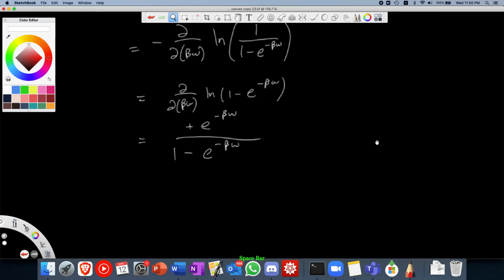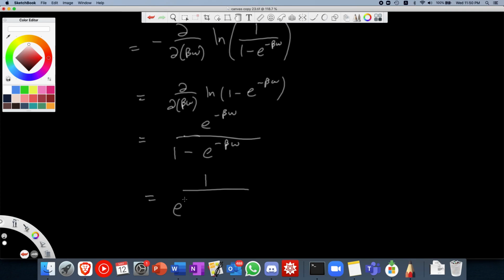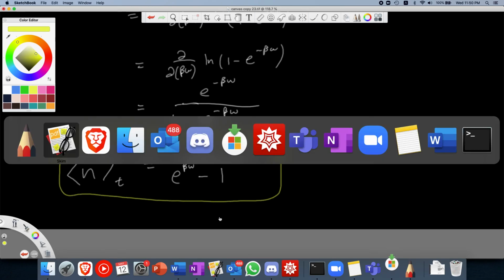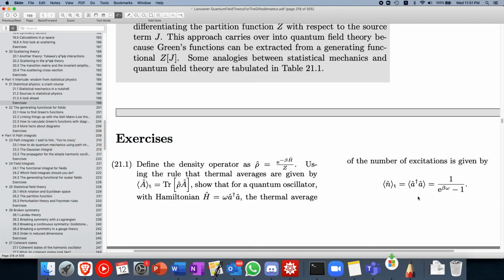And then as the last step, we just divide the numerator and denominator by e to the minus beta omega, so we get 1 over e to the power plus beta omega minus 1. And we have arrived at the thermal average of this thing, and this is our answer. And we see, in fact, that it is the correct answer.